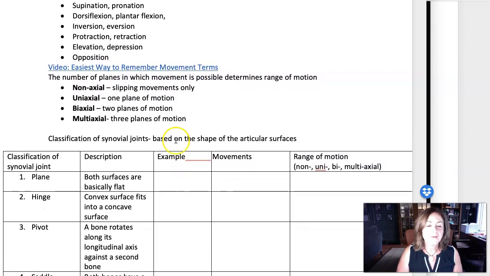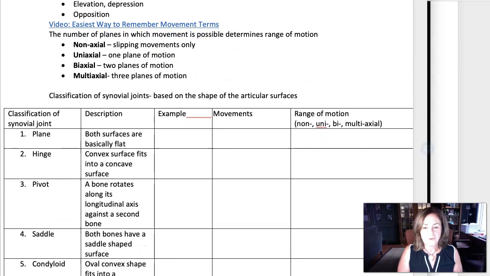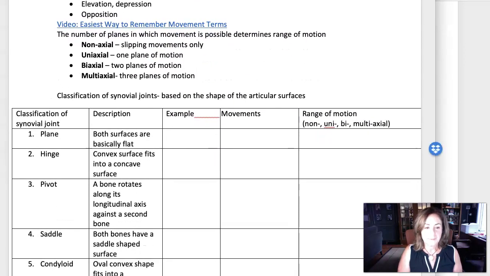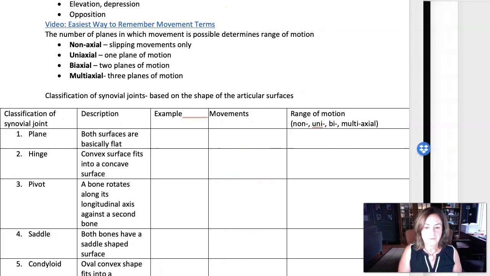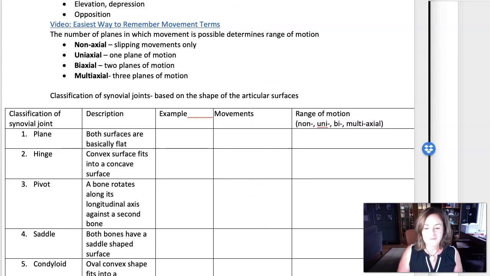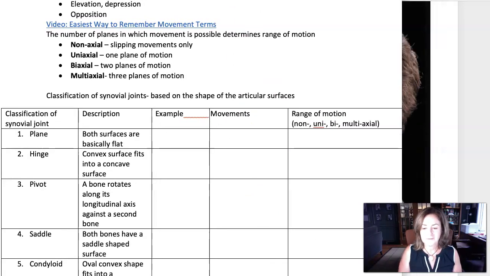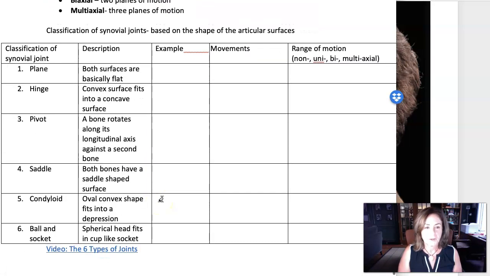So as far as the synovial joints go, what I did is I put a chart, which is going to get cut off here. Let's see if I can fix this. There we go.